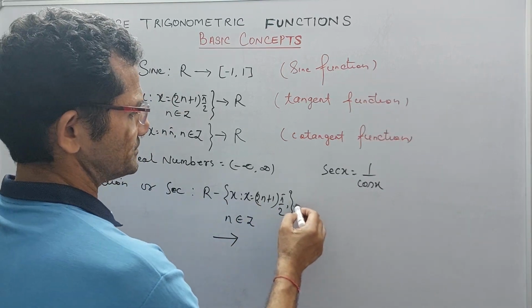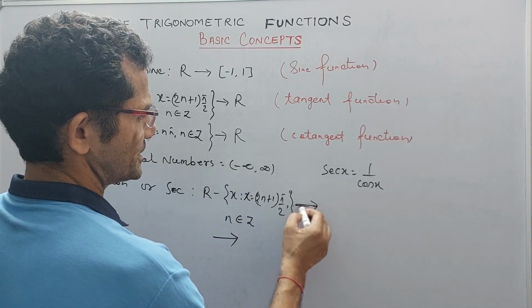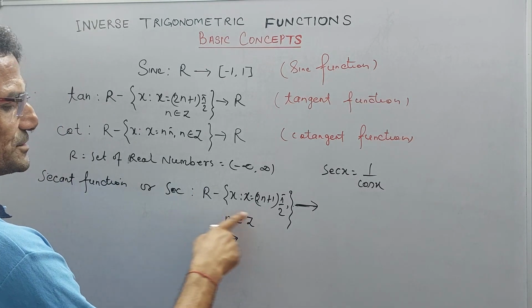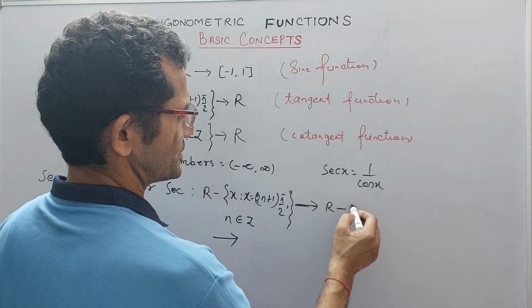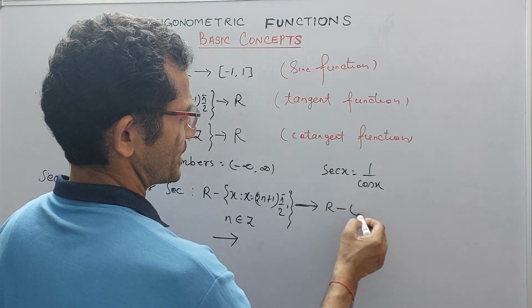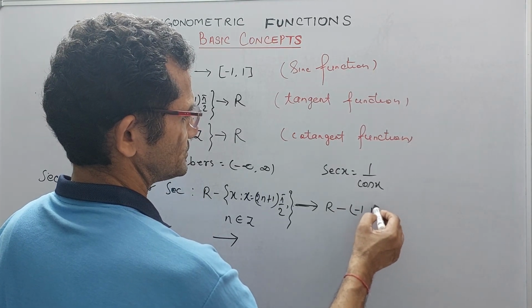Now its codomain. The codomain of the secant function is from the set of R, excluding some values. It will not have values between minus 1 and 1.